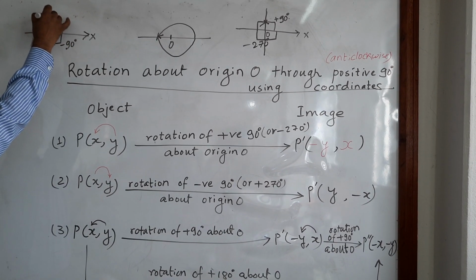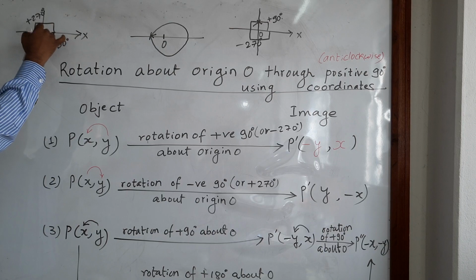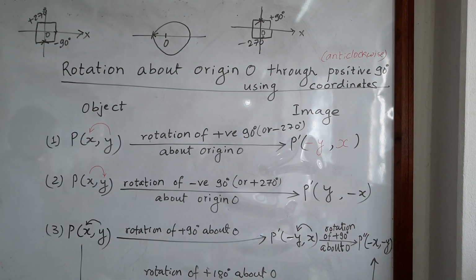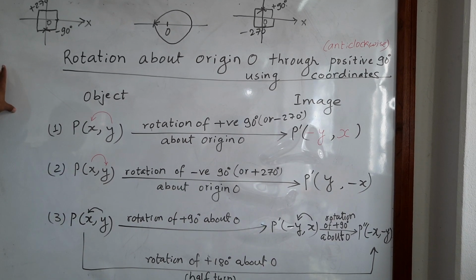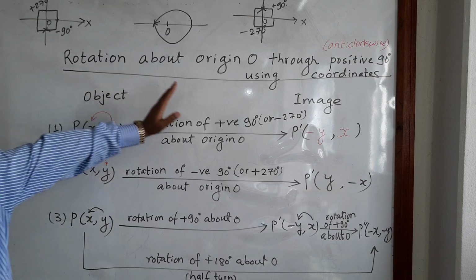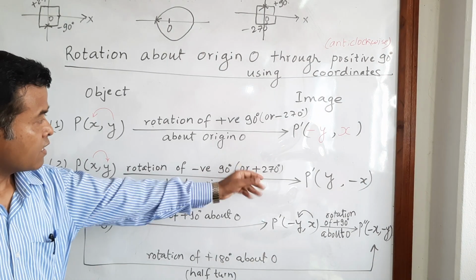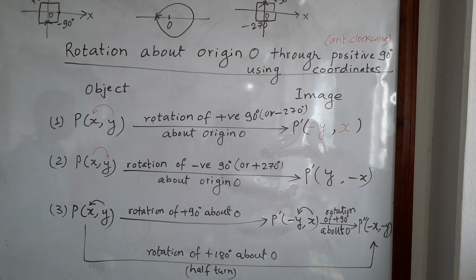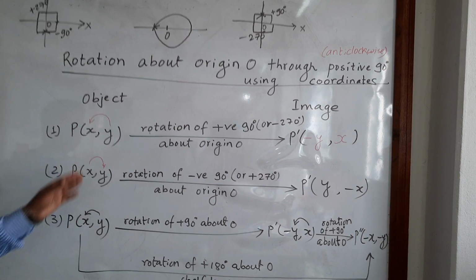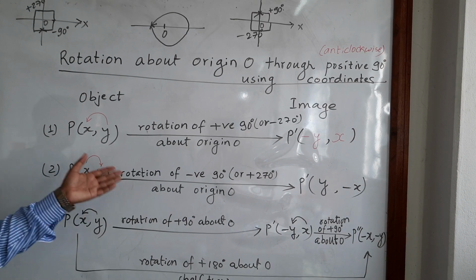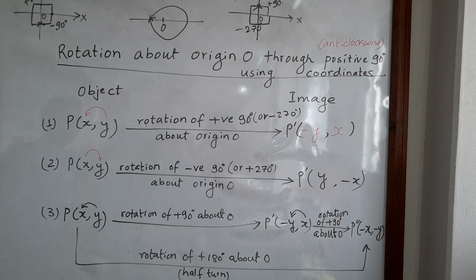So it is plus 270 degrees on this side, and starting from here it is clockwise 90 degrees. So with both we reach the same place. So positive 90 or minus 270 is the same, and negative 90 or positive 270 degrees is the same. Okay, in this way we have mainly three formulas for the rotation about the origin O.